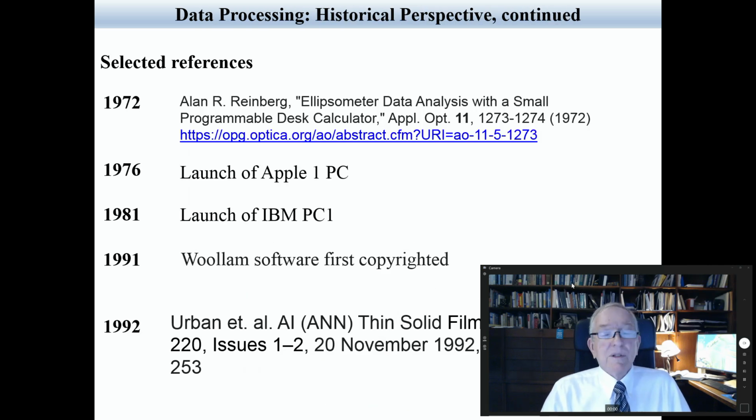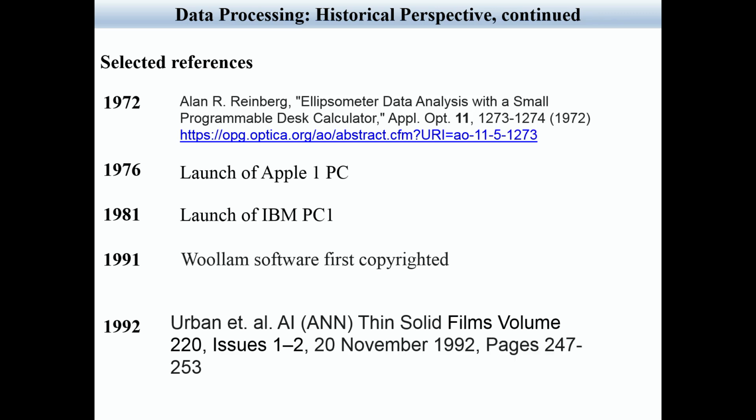So when did we get started with the data processing? Well, I'm sure it's not the very beginning, but we had in 1972 a programmable desk calculator article. And then not so long after, we had the launch of the Apple PC and the IBM PC.